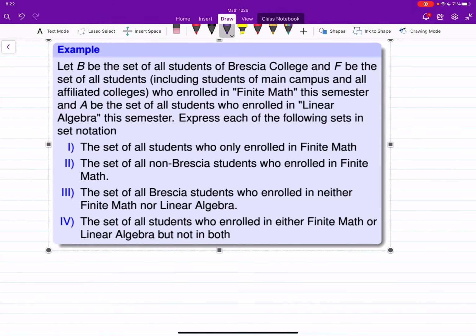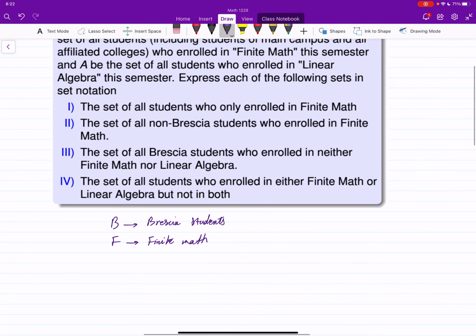So we have the set of Brescia students, then the set of students who are taking finite math, and the students who are taking linear algebra.